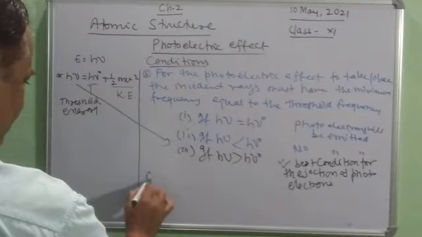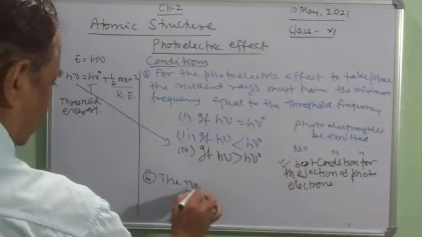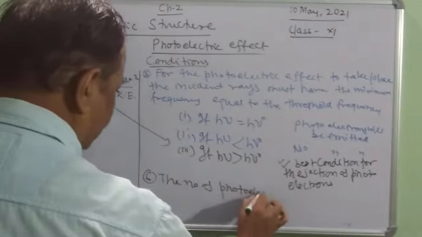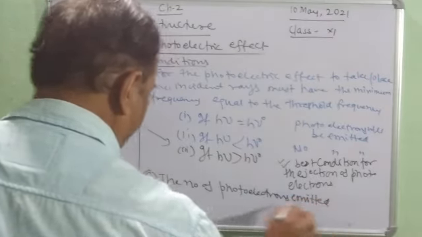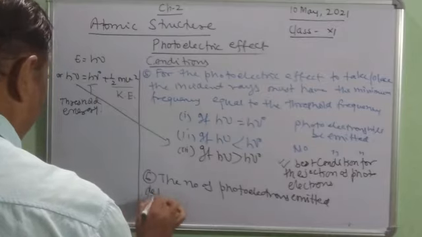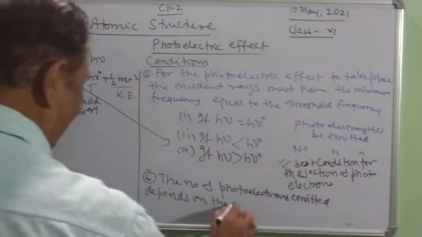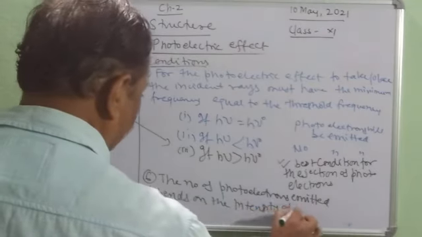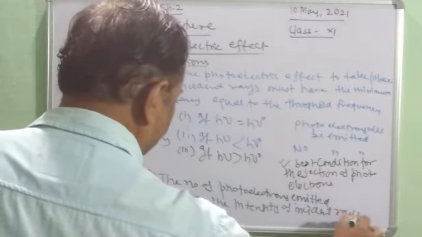Now, children, the last point, the number of photoelectrons emitted depends on the intensity of incident rays.